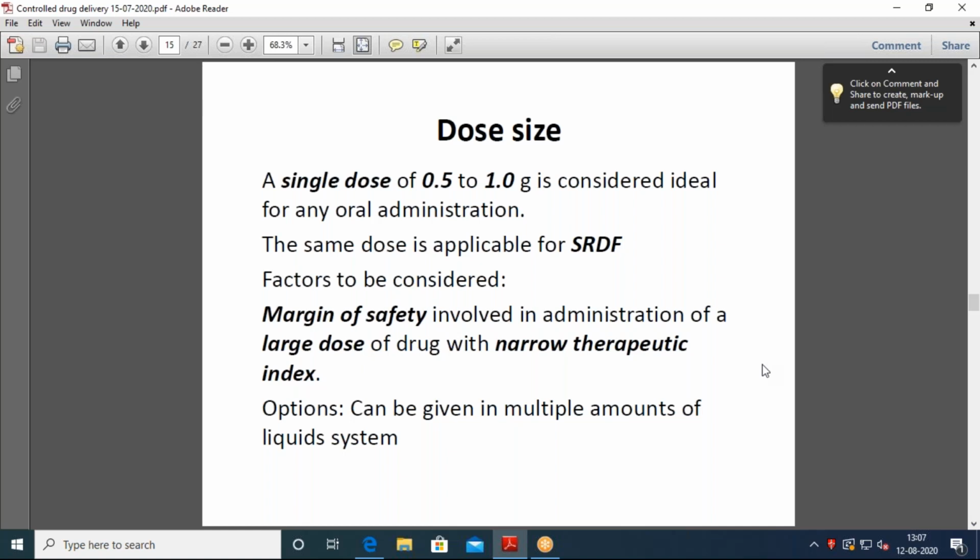Please note down: drugs with narrow therapeutic windows are usually considered unsuitable for formulating as sustained release formulation. Is it clear? Are you able to understand? Drugs with a broader therapeutic window or therapeutic index are considered more suitable for sustained release formulation. Is it clear?